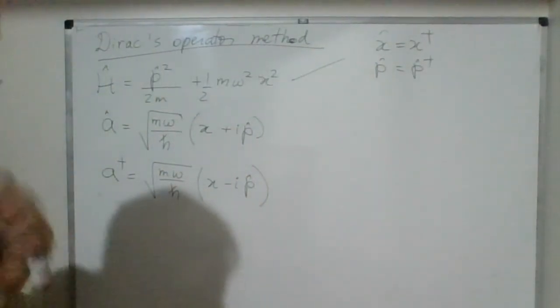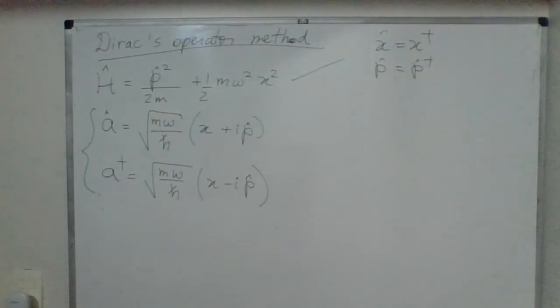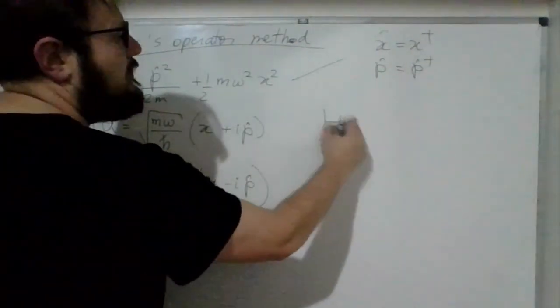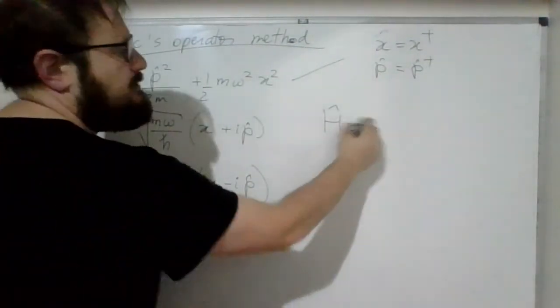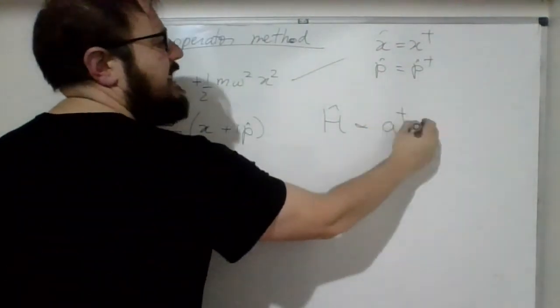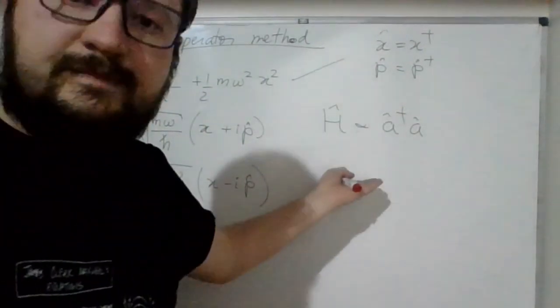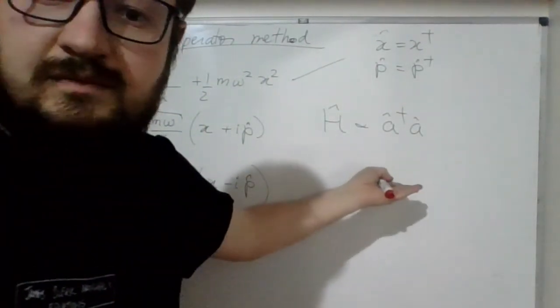Well, the Hamiltonian must be proportional to the product of A dagger and A, in what order we will see.